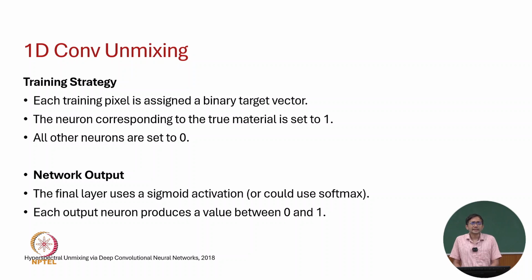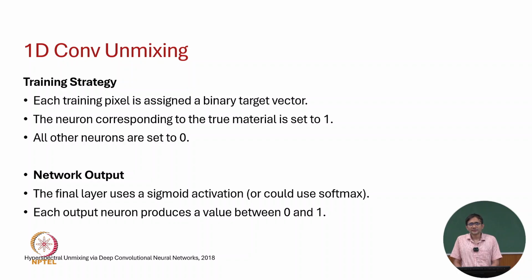Thus, in this case, the training strategy will look like this. Each training pixel is assigned a binary target vector. The neuron corresponding to the true material is set to 1. All the other neurons are set to 0.